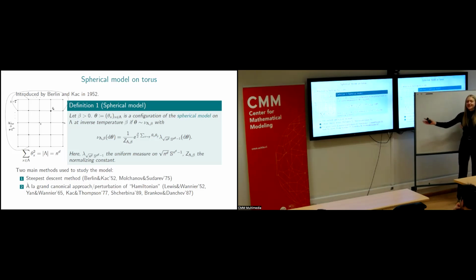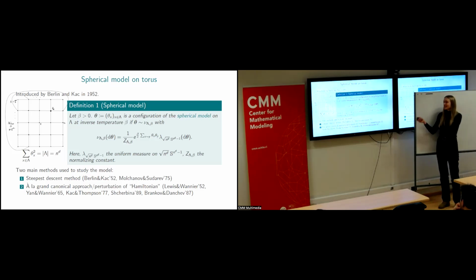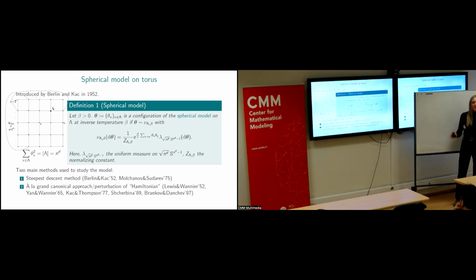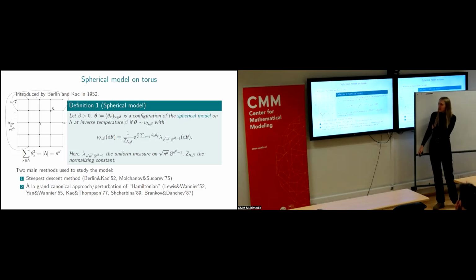They say that with this method one can obtain them, and some subset of these theorems we prove here in a different, probabilistic way. Then there is a second approach, which is sometimes called the mean spherical approach, and sometimes the Lagrange canonical approach.